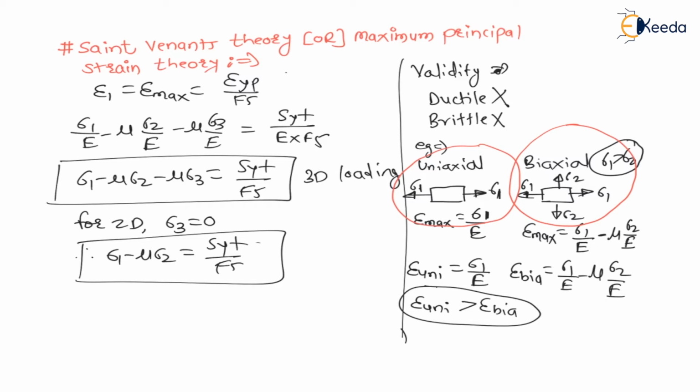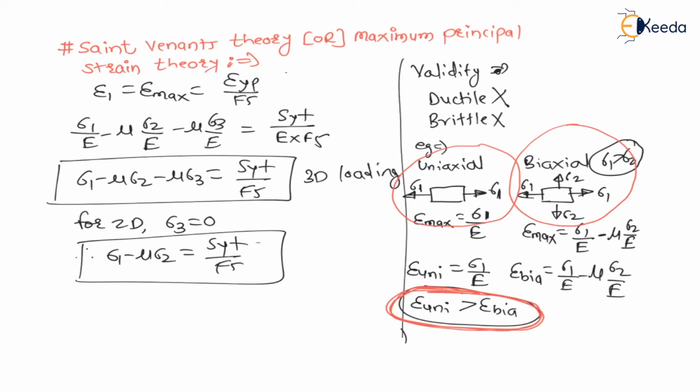In reality, the maximum loaded component is biaxial. This means in reality, biaxial must be weaker. But as per theory, as the strain in uniaxial is more than the strain in biaxial, the theory is saying uniaxial is weaker, which is a false result.